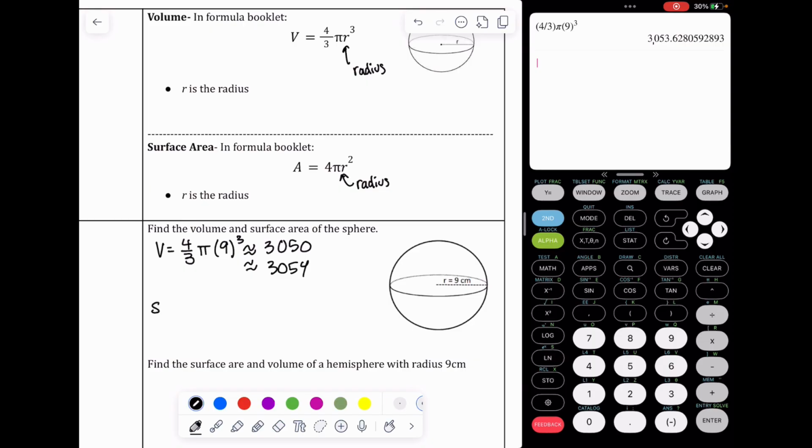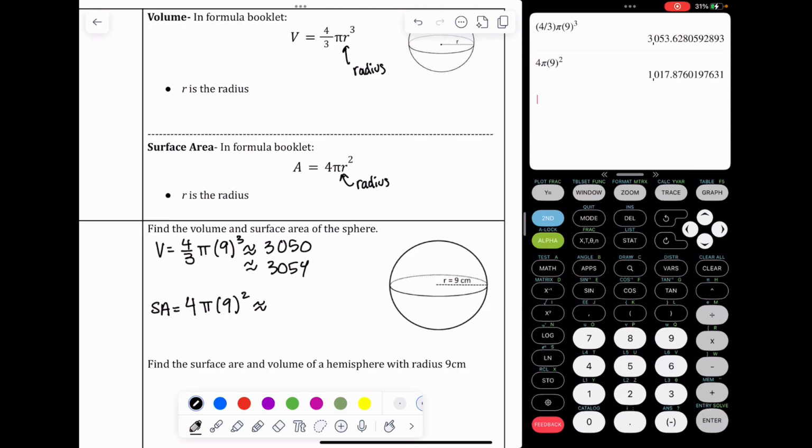Surface area is 4 times pi r squared, so 4 times pi times 9 squared. So that will be 4 pi 9 squared equals, oh, okay, I used this squared button and the exponent button. Let's try that again. 4 pi times 9 to the 2nd power, or squared, one or the other.